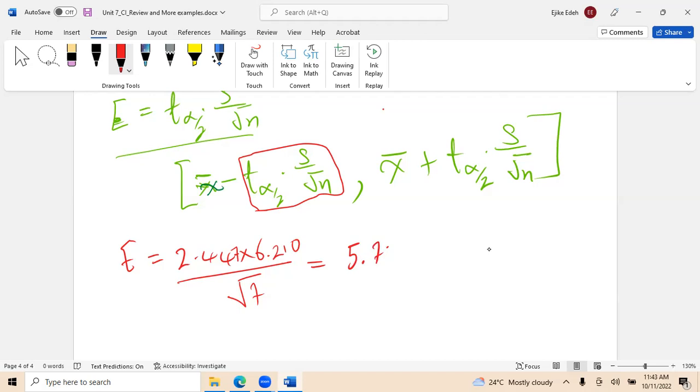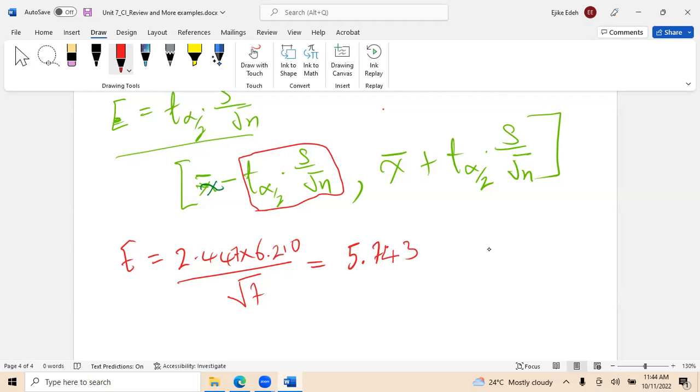Okay, let's try that again: 2.447 times 6.210 divided by the square root of 7. That's 5.743. So this is our E, the margin of error.